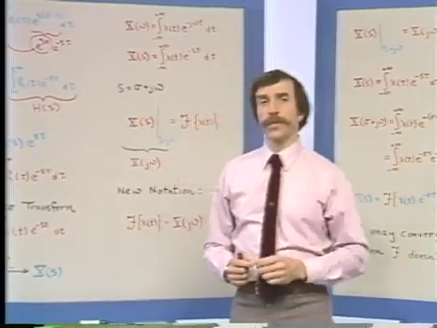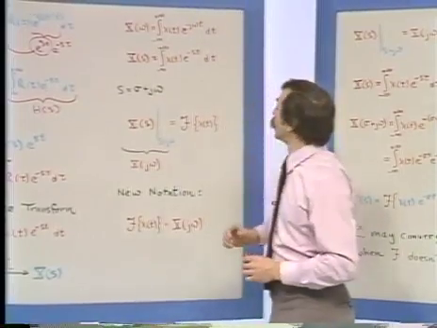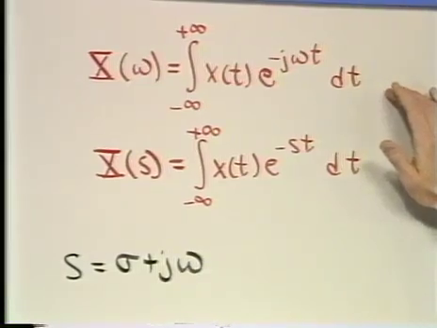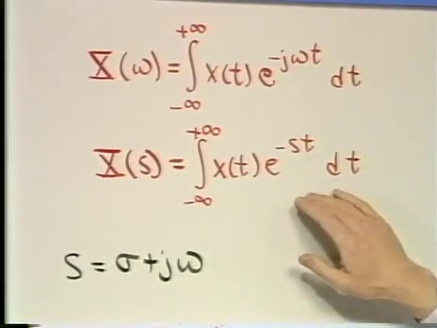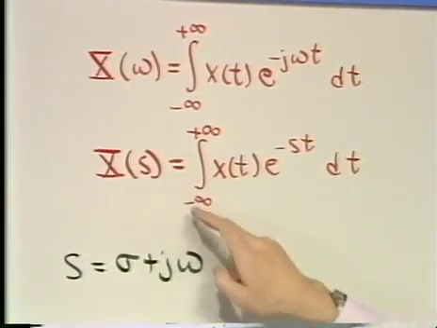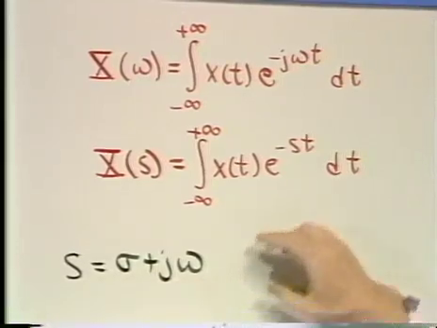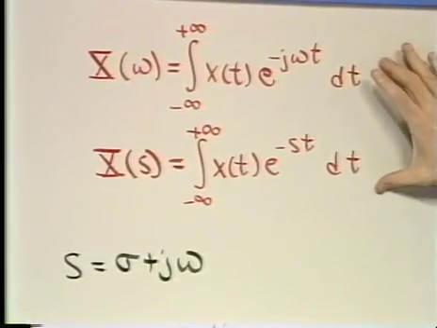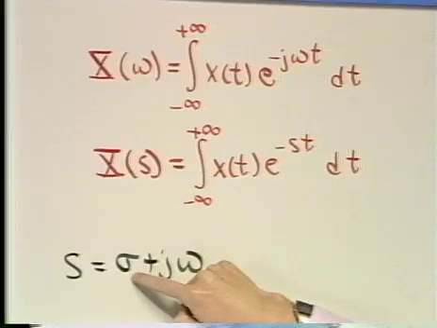Well, to see one of the connections, what we can observe is that if we look at the Fourier transform expression, and if we look at the Laplace transform expression, where s is now a general complex number sigma plus j omega, these two expressions, in fact, are identical if sigma is equal to 0.